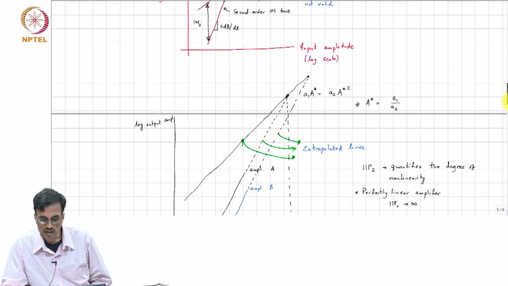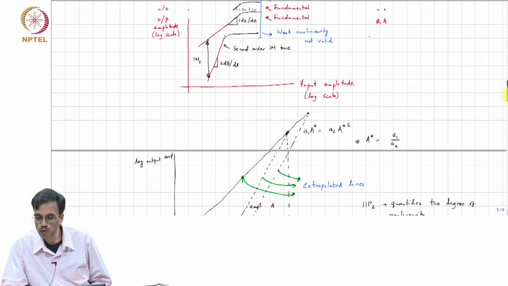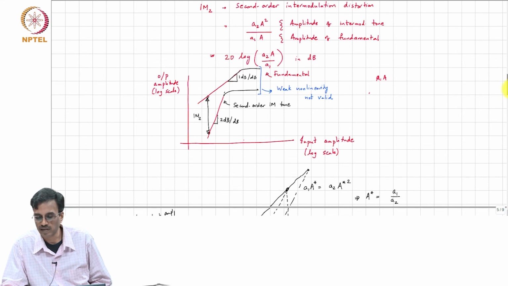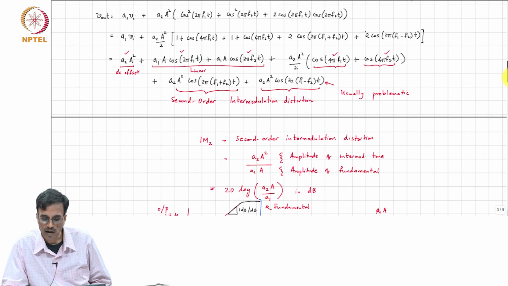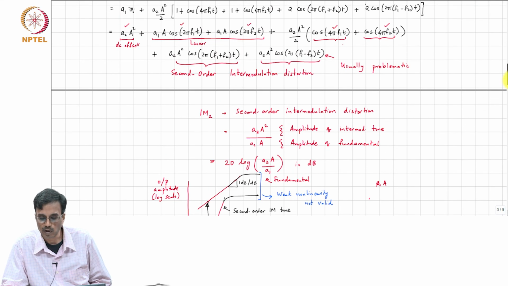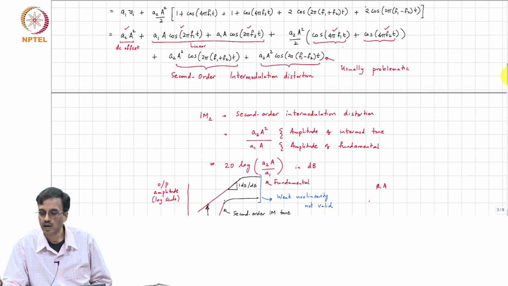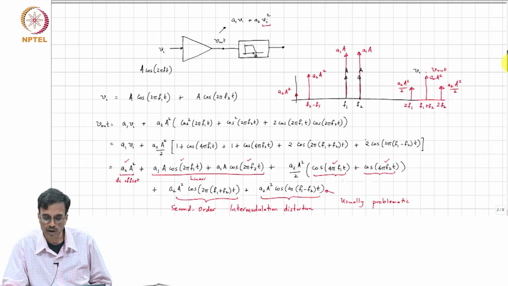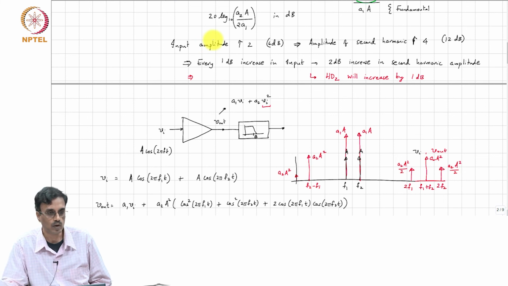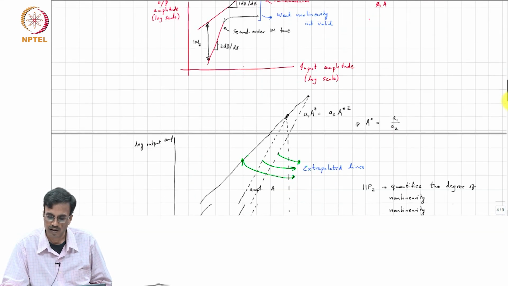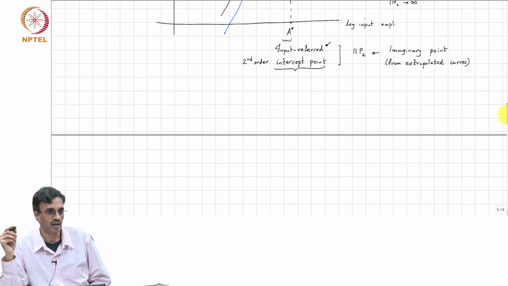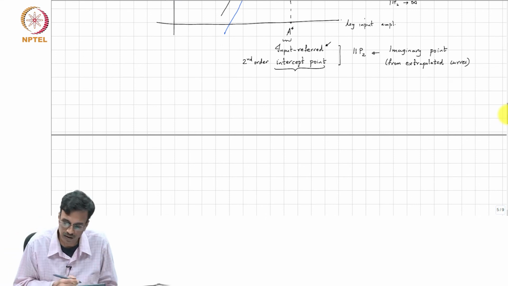And since both IIP2 and the second order intermodulation are coming because of A2, and likewise the second order harmonic distortion is also coming because of A2, there is a relationship between the two of them.